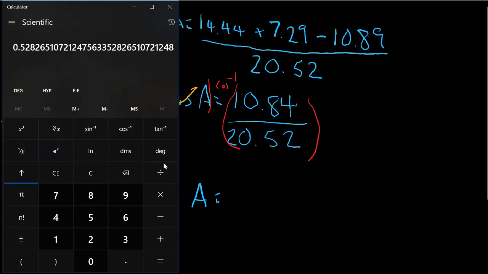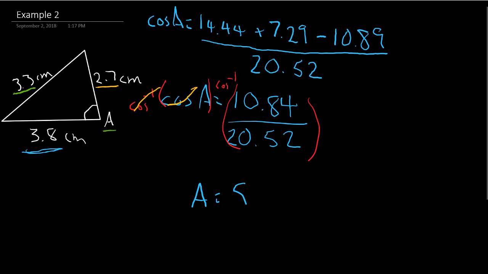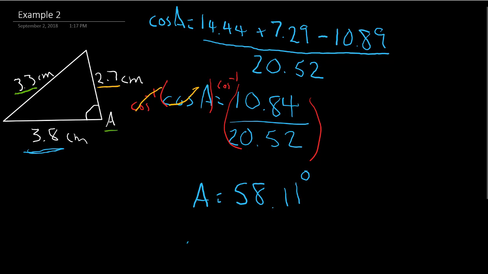And now I need to take the cos inverse, so I press the shift key, cos inverse, and then I get 58.11690. So I'm just going to write 58.11 because I'm rounding to 2 decimal places. Degrees. And if you need to round to the nearest degree, you could also say that A equals 58. And I think the textbook asked for that, so I think that would be okay. And that's the end of the cosine law lesson.